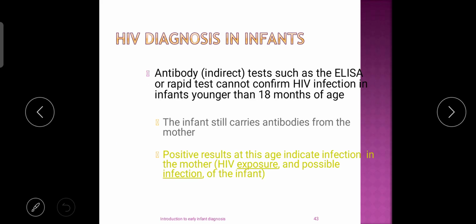Next is HIV diagnosis in infants. Antibody indirect tests such as an ELISA or rapid test cannot confirm HIV infection in infants younger than 18 months of age, because infants still carry antibodies from the mother. Positive results at this age indicate infection in the mother, HIV exposure and possible infection of the infant.